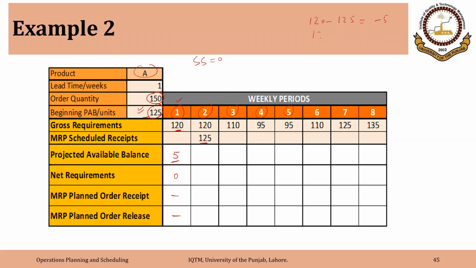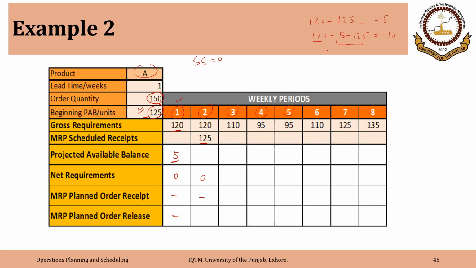So net requirements are again negative. So we do not need any planned order receipt here. You can say that net requirements are zero because the requirements are smaller than the supply. So negative requirements, or there are no requirements.